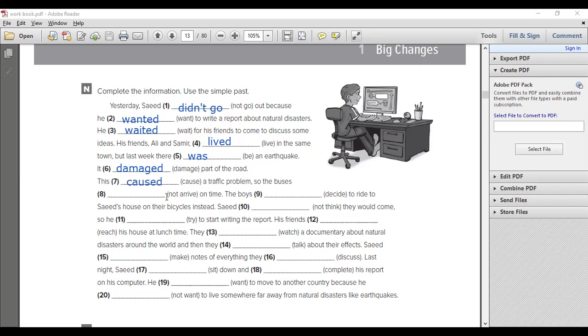So the buses, and you have not arrive. A negative verb. Yes, Ghala. Didn't arrive. Yes, excellent. Did not arrive. The boys decide to ride. I said the answer, to ride to Saeed's house.